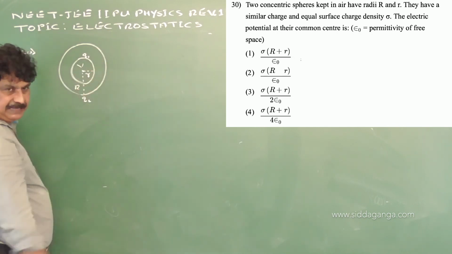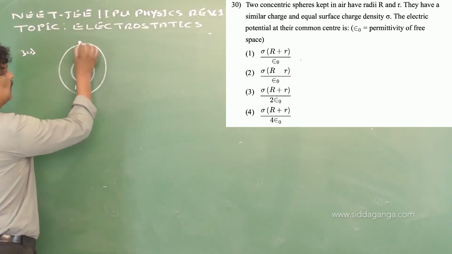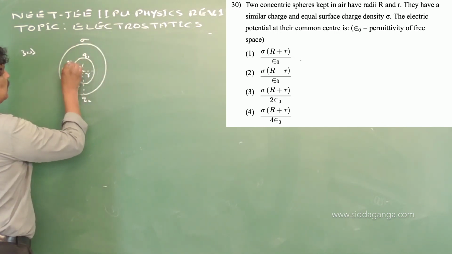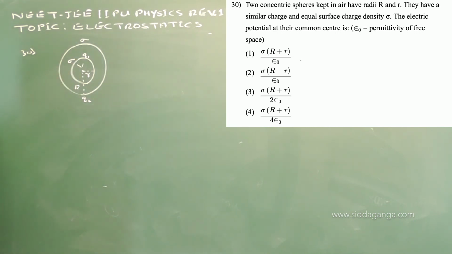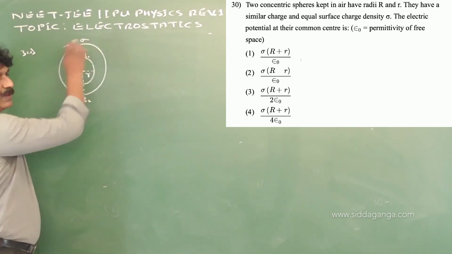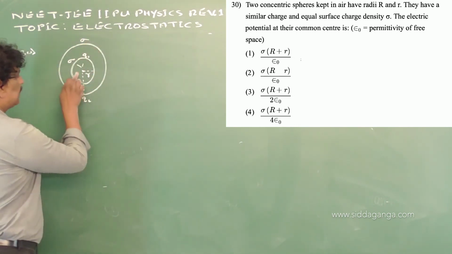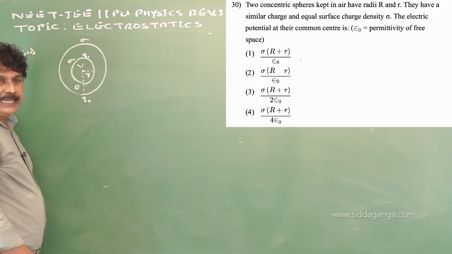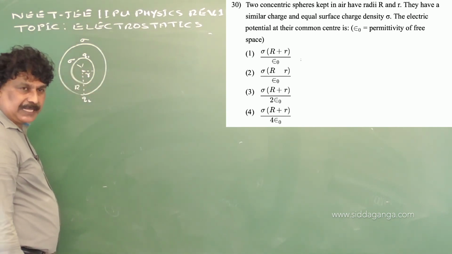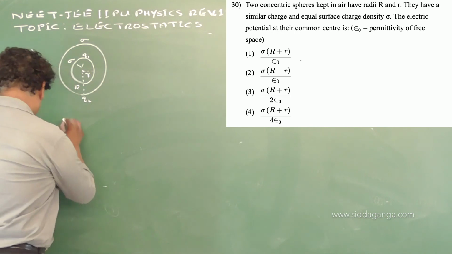Both of them have similar positive charges, but they have the same surface density of charge. Surface density of charge on the first sphere is equal to surface density of charge on the second sphere. Now at the center, the net potential is the sum of potentials due to the two spheres.